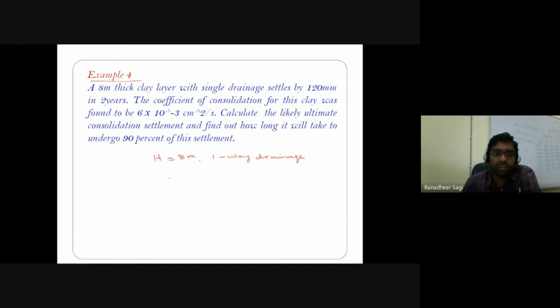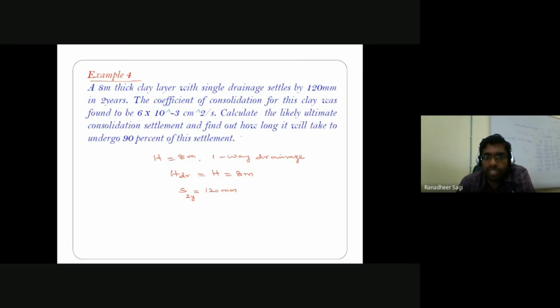Automatically HDR is equal to H, which is equal to 8 meters. The settlement at the end of 2 years is 120 mm.